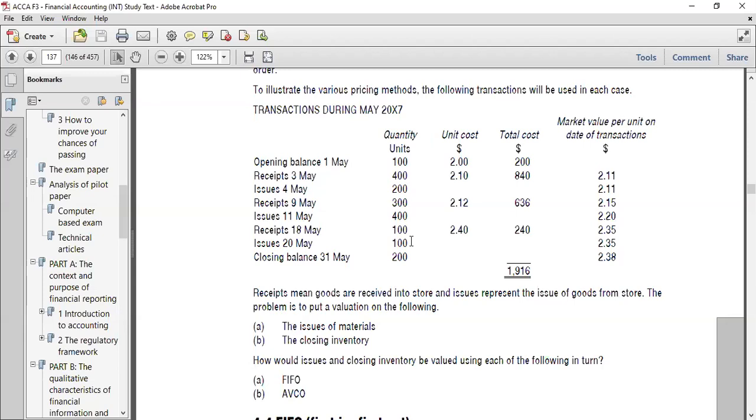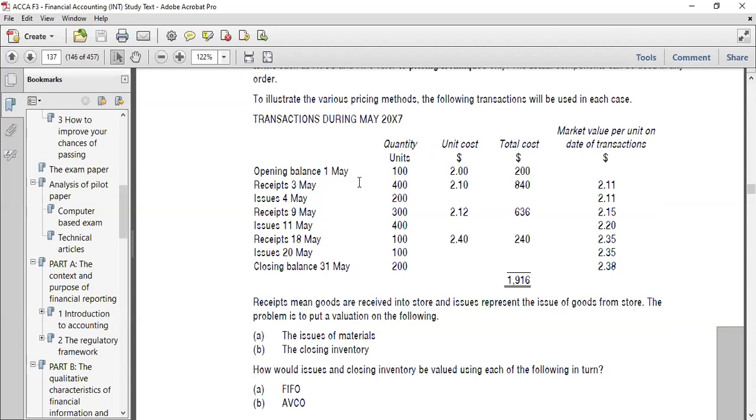When it comes to FIFO, ours is to look at what inventory came in first and which inventory should move out first. For example, we started with 100 units valued at 2.0, and then we got receipts of 400 valued at 2.10.